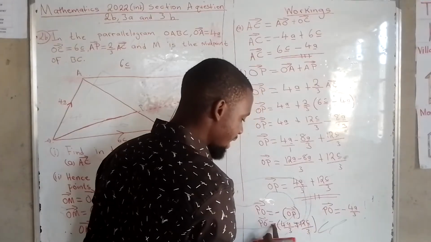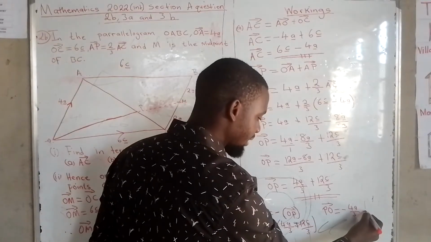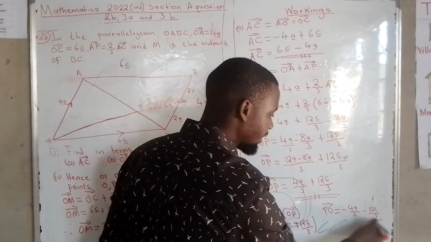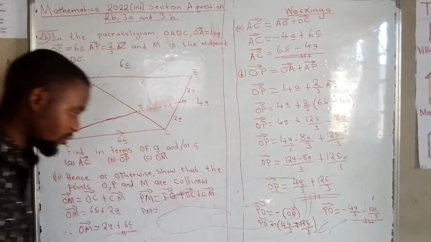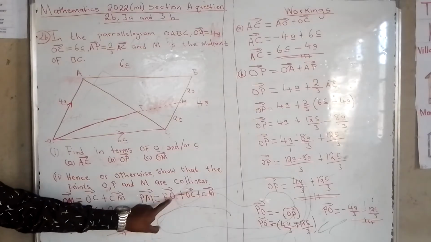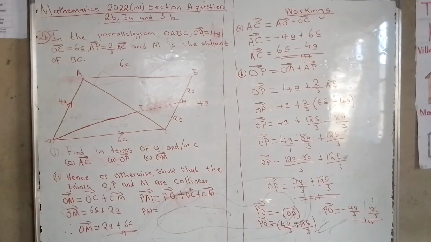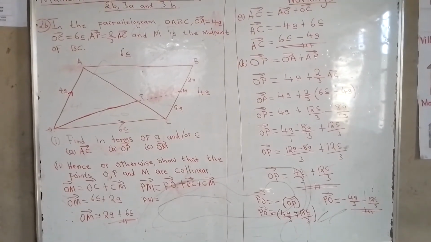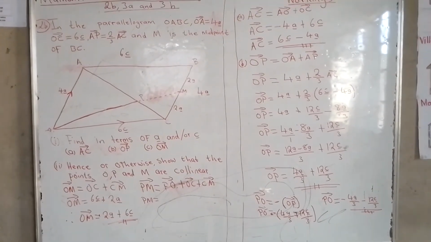Then negative by positive also becomes negative, so negative 12C over 3. So this is what we're supposed to use here: PO, take note, not PM. PO, take note, PO. Let's hope it is visible there. Let's hope you can clearly see there. Yeah, we do something like this.